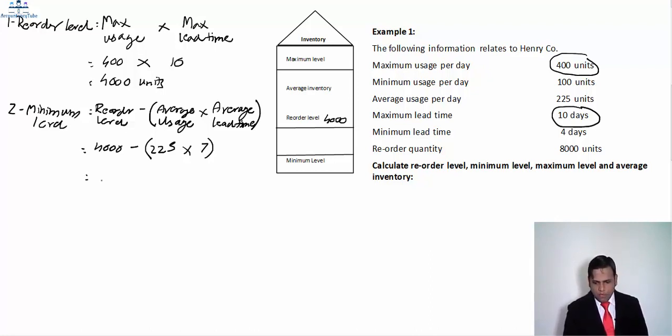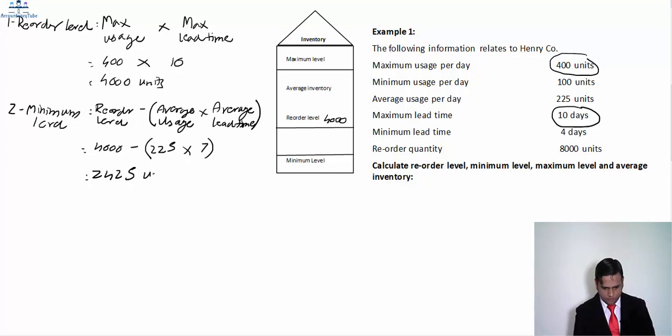That is 4 plus 10 divided by 2, we get an average lead time. Computing all this, we have 2425 units. Now we have calculated the minimum level, which is 2425 units.